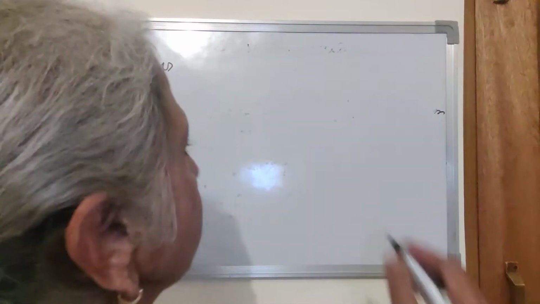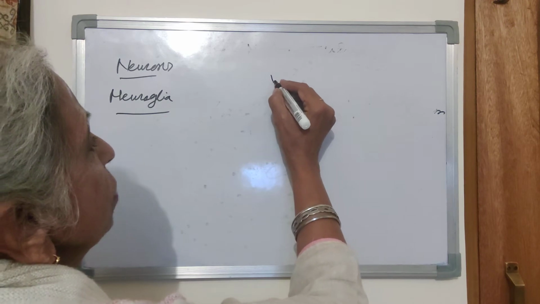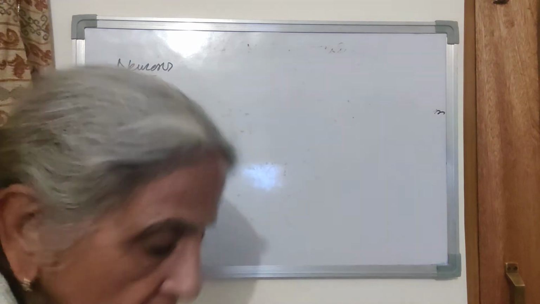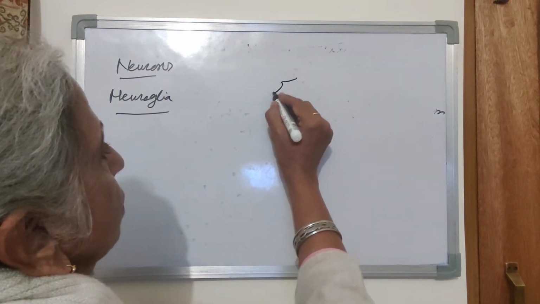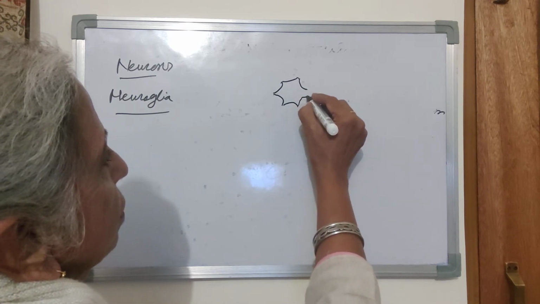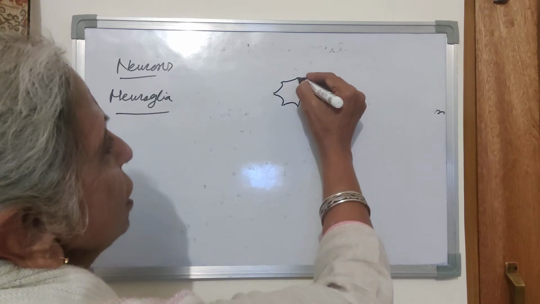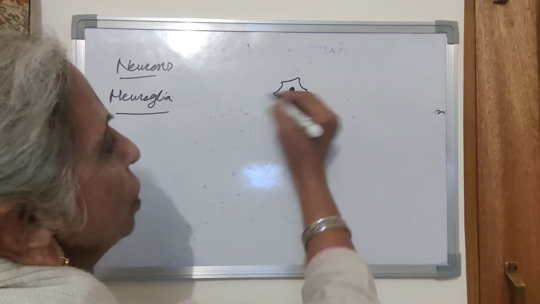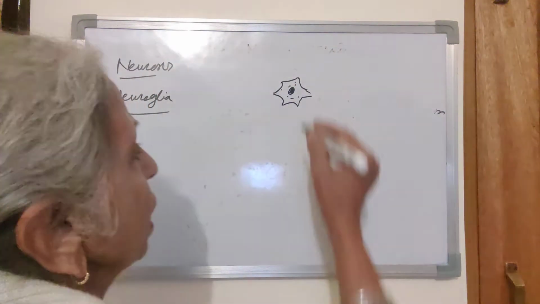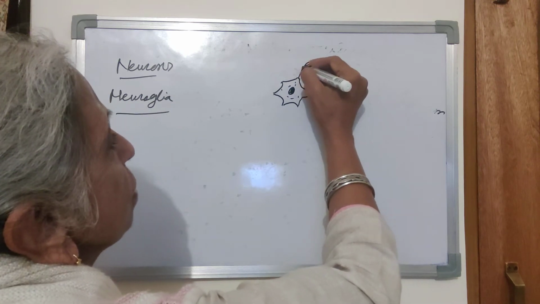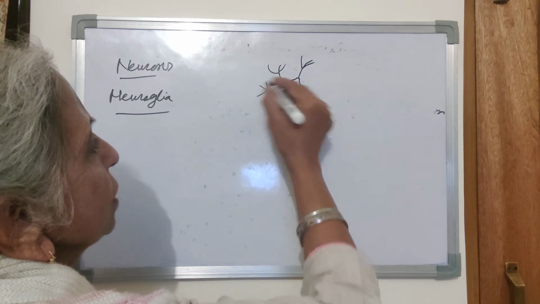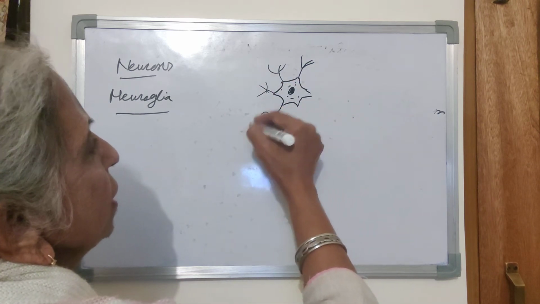Neurons consist of cells which have a cell body. This cell body has a conspicuous nucleus as well as subcellular organelles, and from the cell body arise many branched processes. These are protoplasmic extensions called the dendrites.